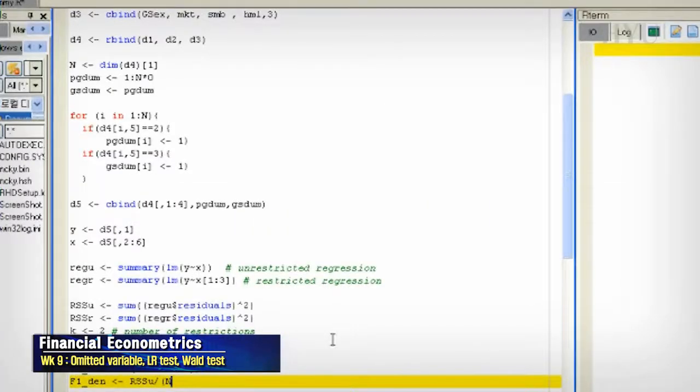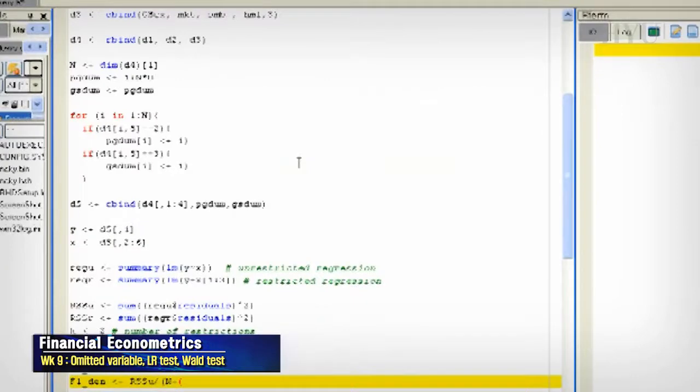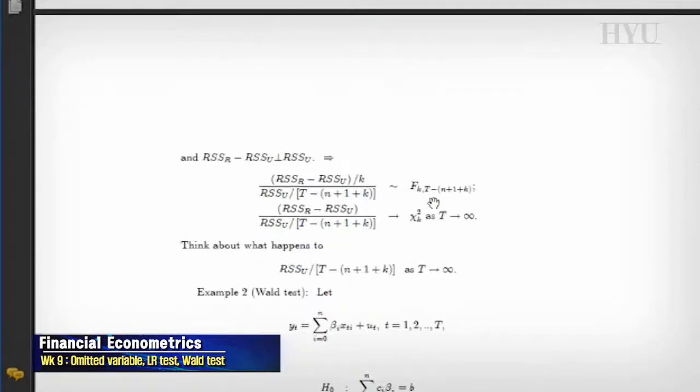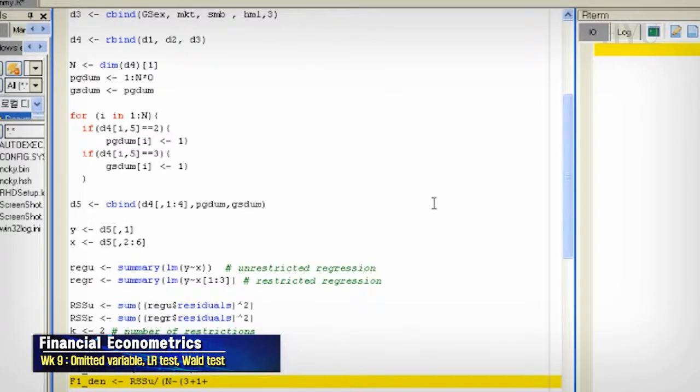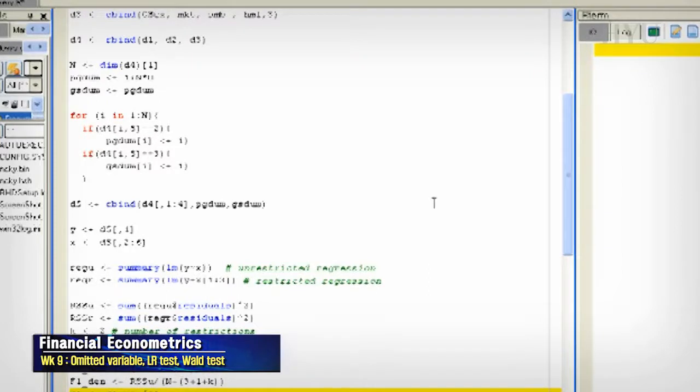What should the small n be here? It should be 3, and we have a constant, so we add 1, and then K. So F1 is the ratio of the F1 numerator and the F1 denominator.